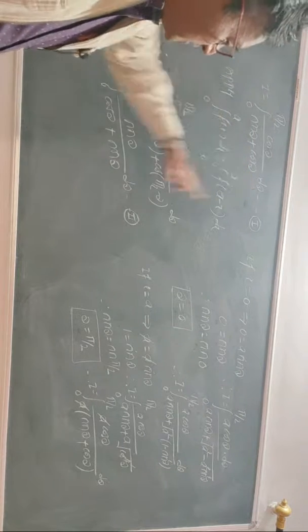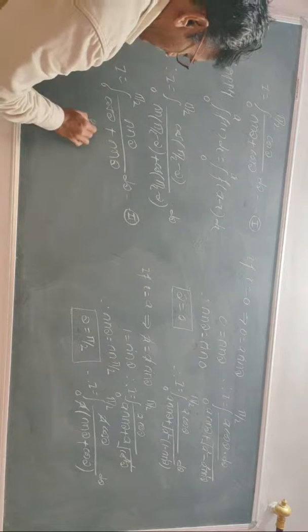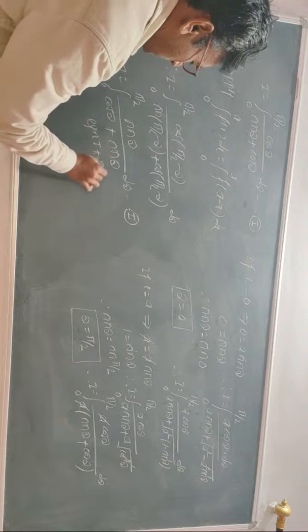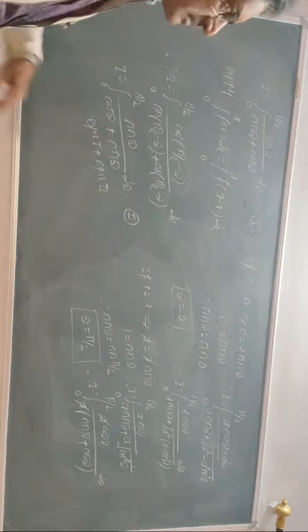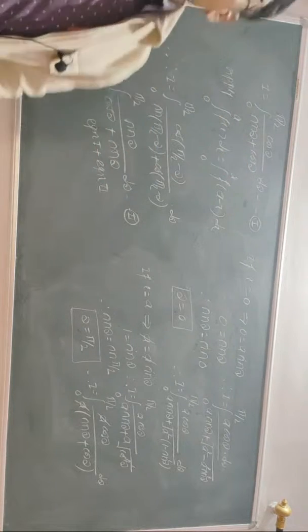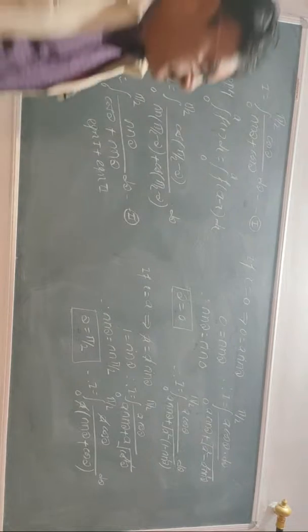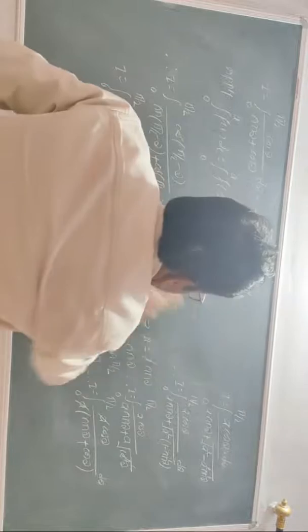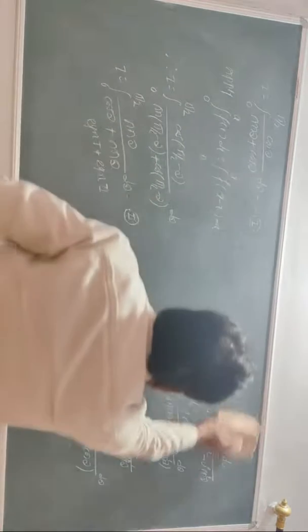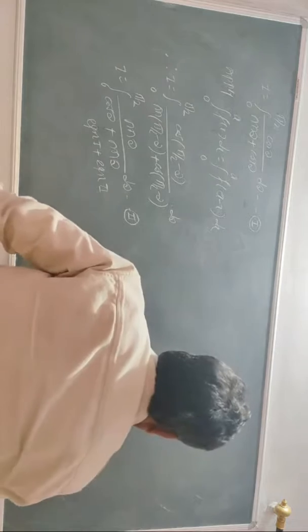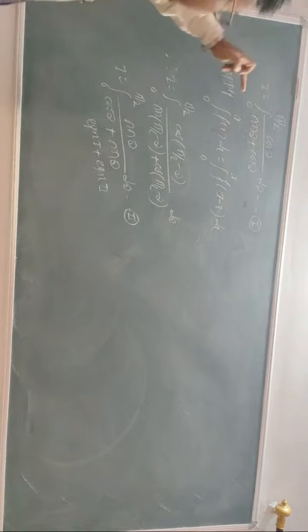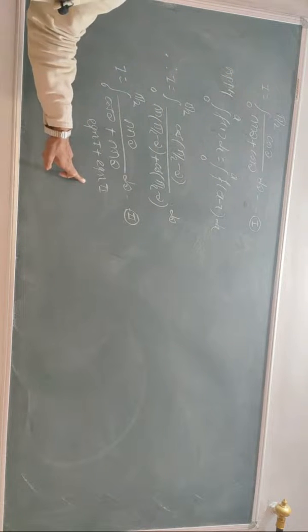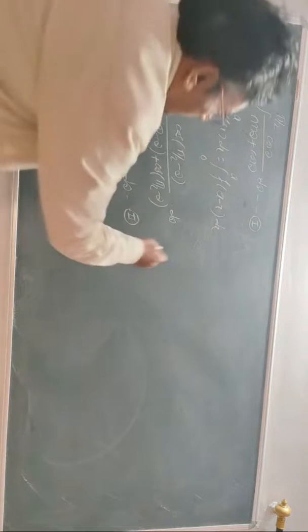Then we add equation first and equation second. First we add the LHS: I plus I, we write 2I.